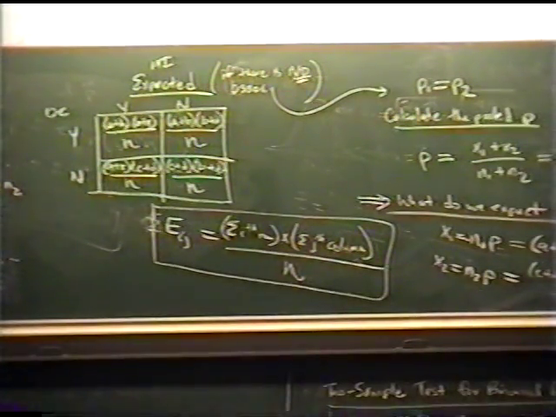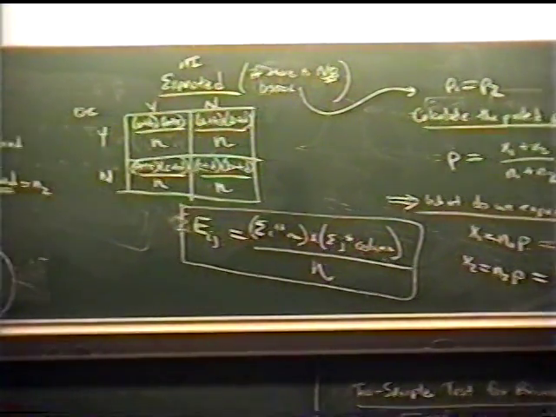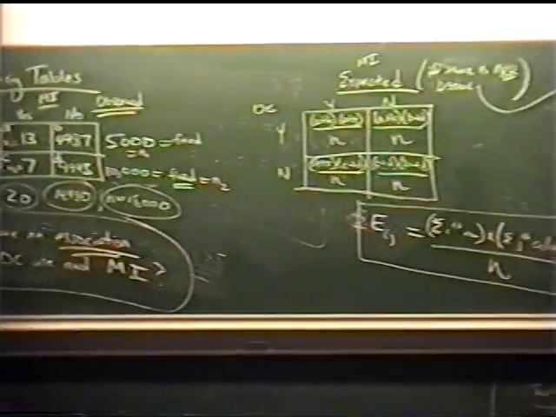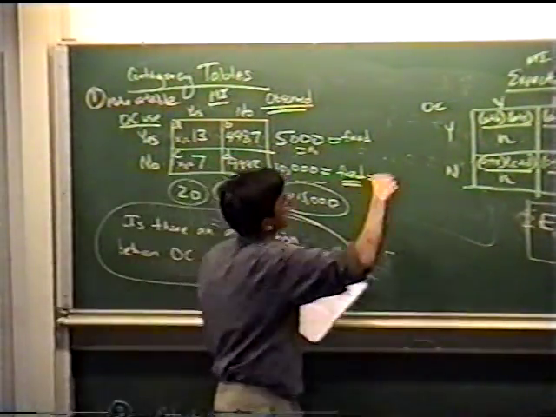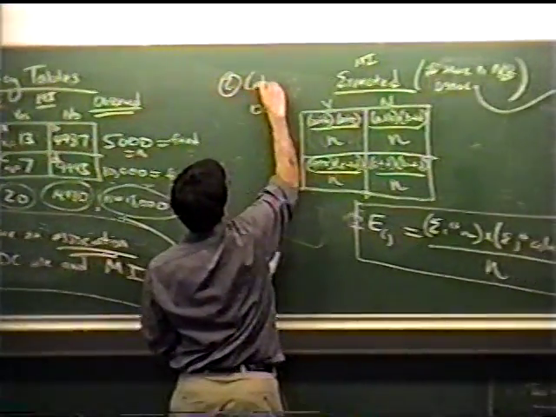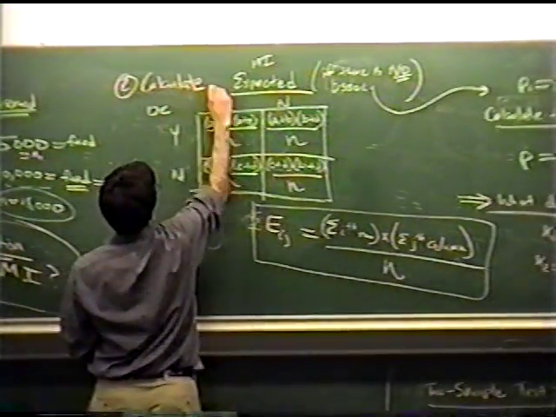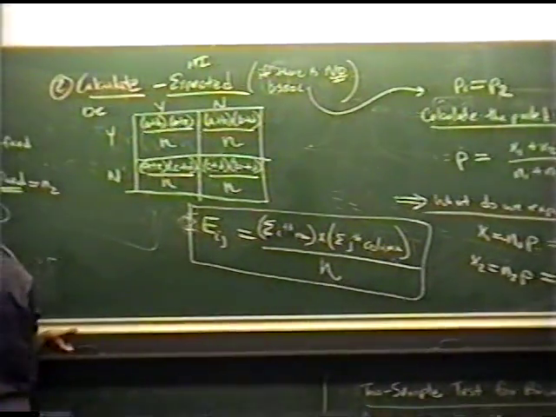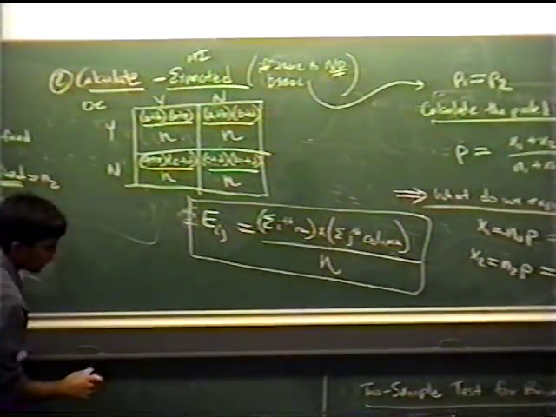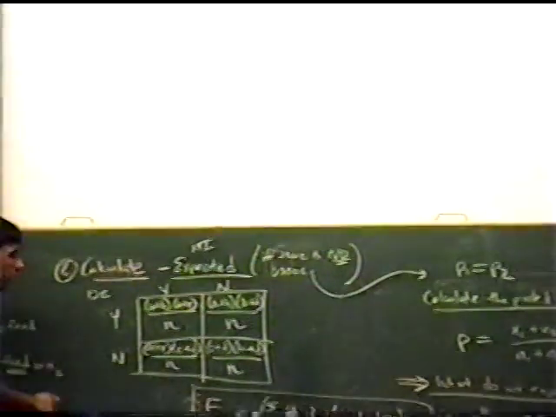So, first step in doing contingency tables is make a table of the observed data. Second step is calculate the expected values.